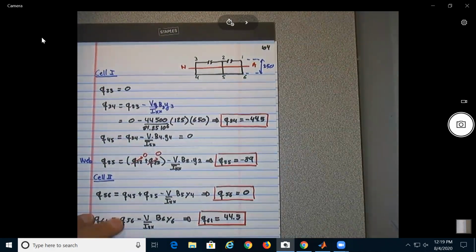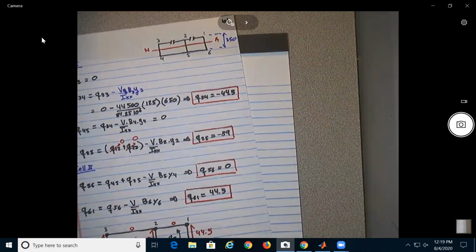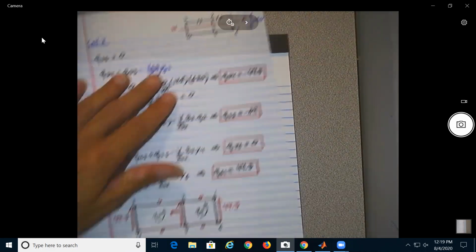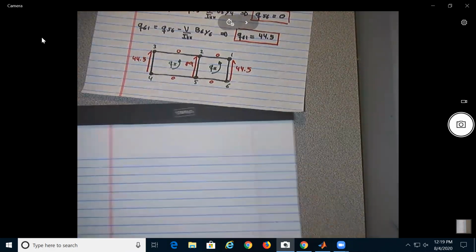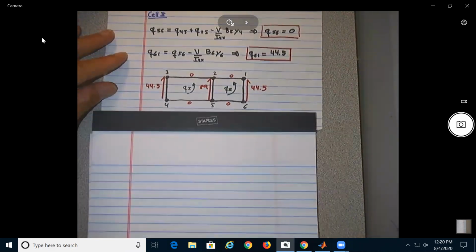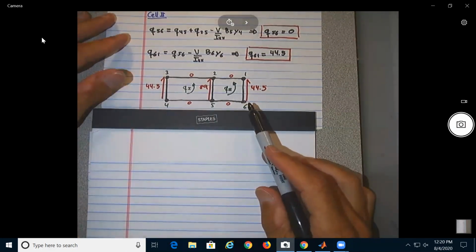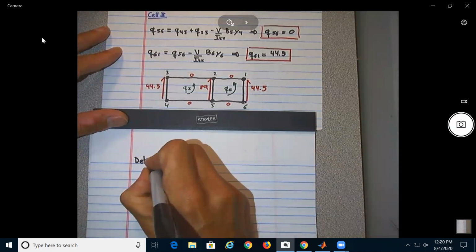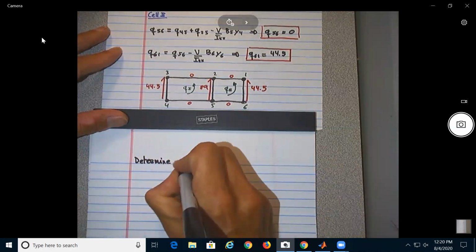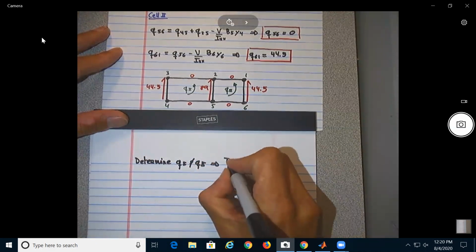Okay, so now we know in the procedure that in order to determine Q1 and Q2, we need two equations.